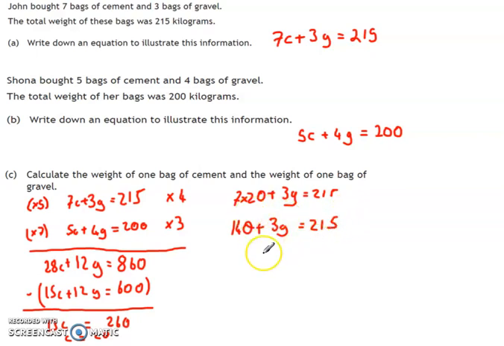Stick the 140 across there, subtract it. What I end up getting is that 3G is equal to 215, take away 140, which gives me 75. So if 3G is 75, I know that G is equal to 25. Great, so I've solved for C and I've solved for G. That is not the answer though.